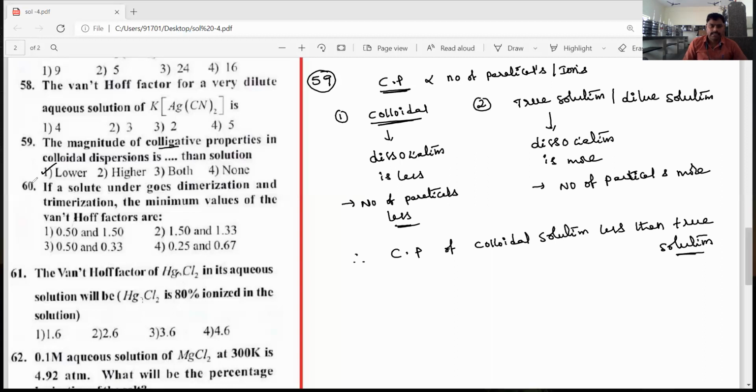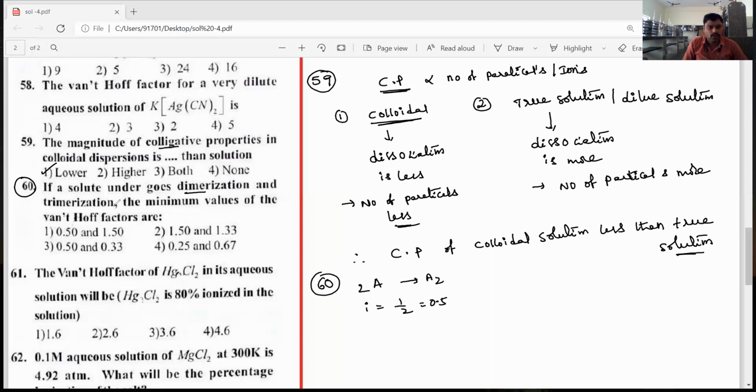Okay, let's see the 60th question, dear students. If the solute undergoes dimerization, meaning A is converted into A2, then the Van't Hoff factor is 1 by 2, equals 0.5.